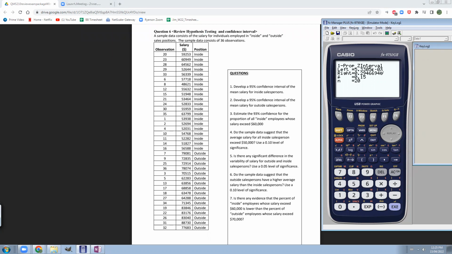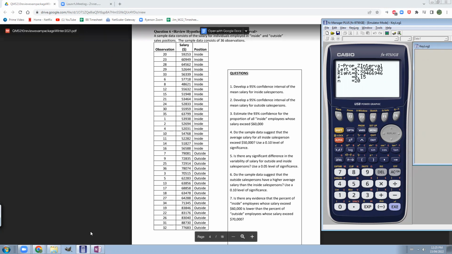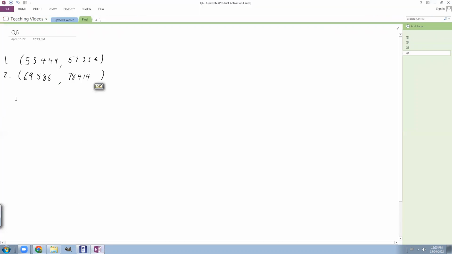So that's 0.005 to 0.295. Okay, so we're 93% confident the population proportion is somewhere between 0.005 and 0.295.